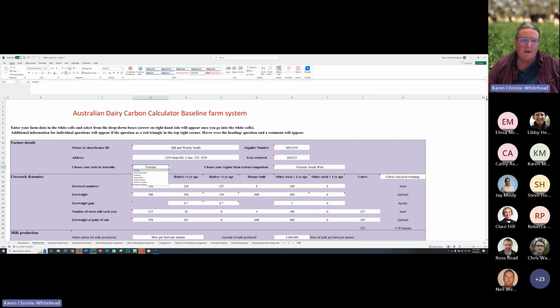For example, this farm is located in Victoria. Towards the bottom of the sheet, there's a bit of a cross comparison, so you can go in and compare your results, I'm in Victoria, to all the other Southwest Victorian data sets.